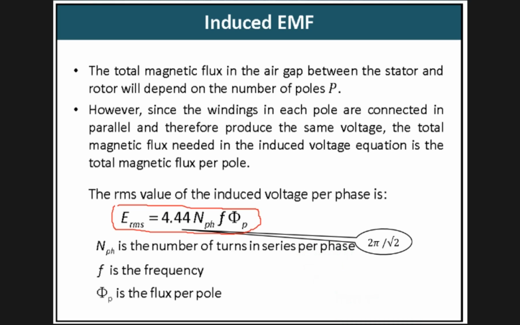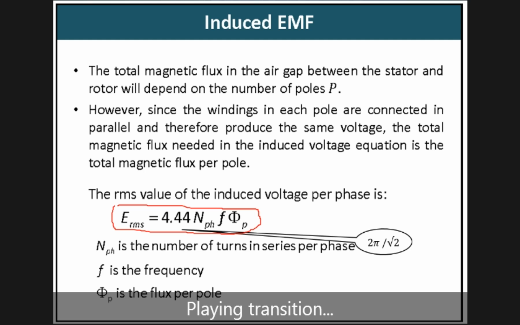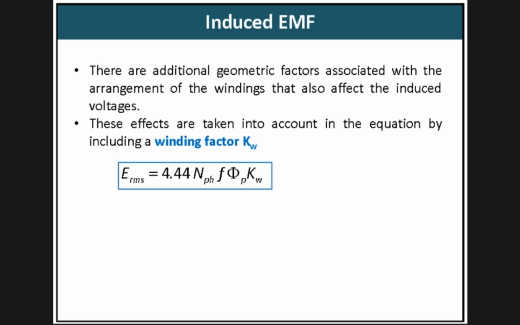There are additional geometric factors associated with the arrangement of the windings that also affect the induced voltages, and these effects are taken into account in the equation by including the winding factor, which is called Kw.